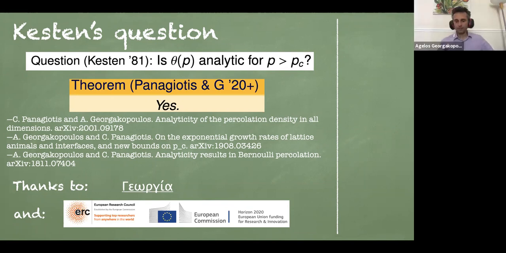So I guess you mean continuing theta on the left of PC, below PC, because above PC, we know it's analytic on the whole branch. And actually, the question was asked, so we considered these questions, and Christophoros told me that you cannot extend analytically at PC, just because if I remember right, the derivative is infinite there.